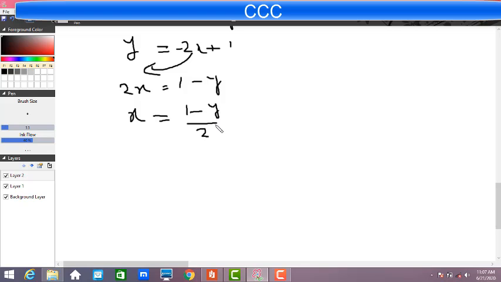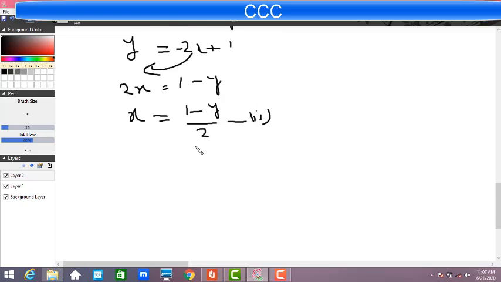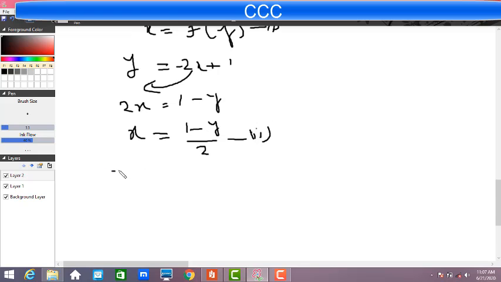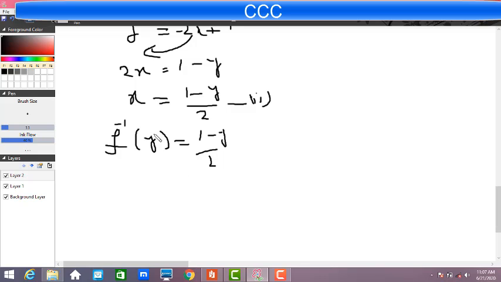Now compare equation 1 and equation 2. So we get the required result. As we know that f inverse of y is equal to 1 minus y over 2. Dear students, we have to find the value of f inverse of x.